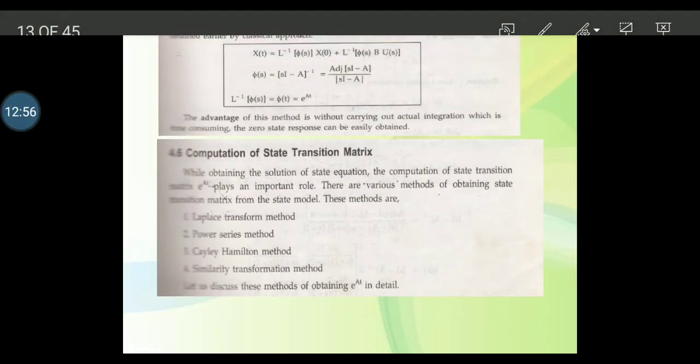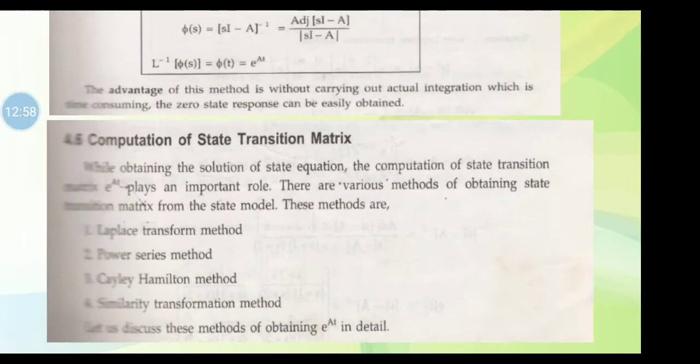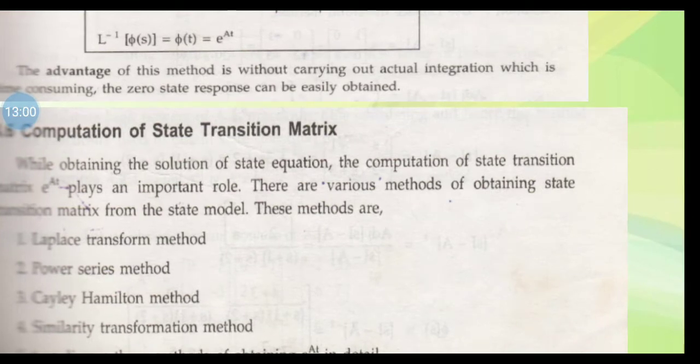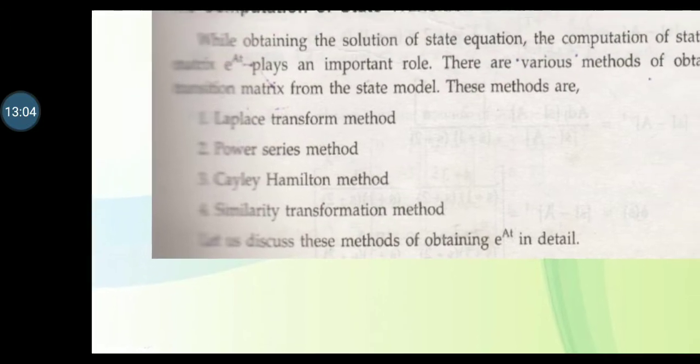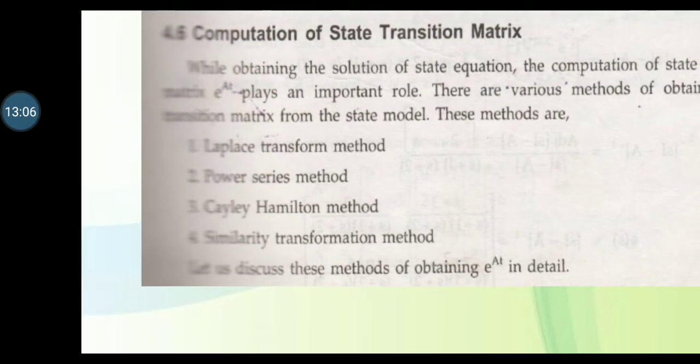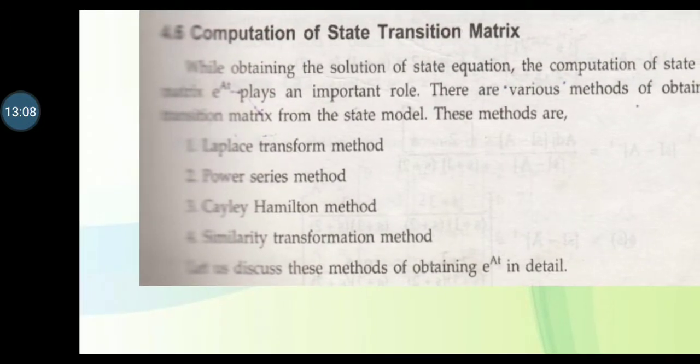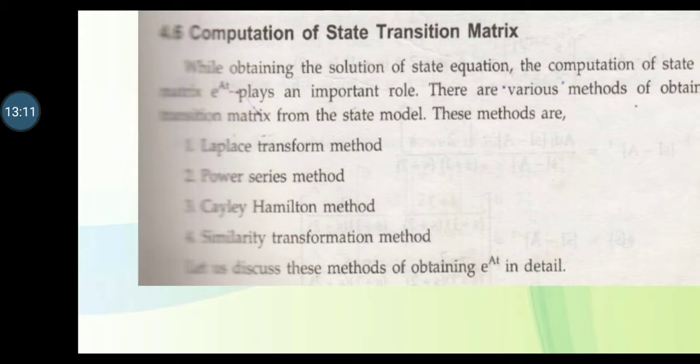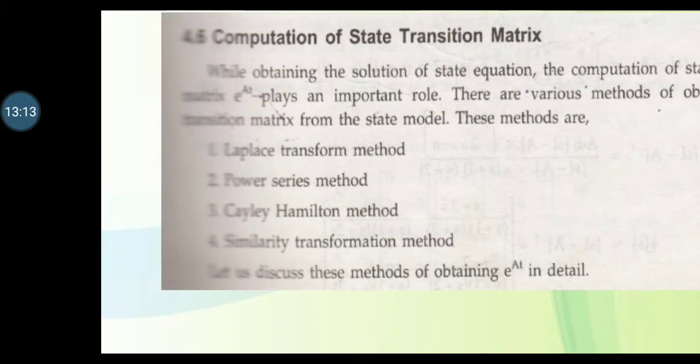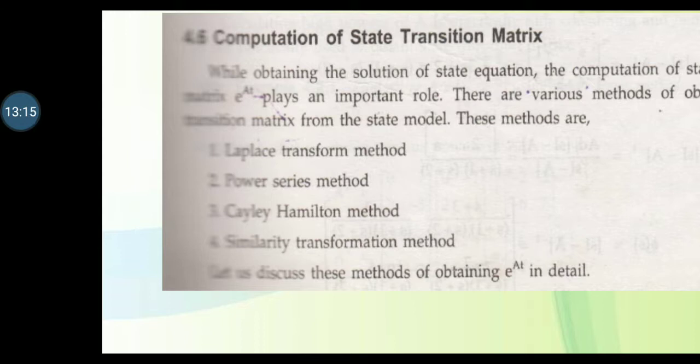So Laplace inverse of phi of s is equal to phi of t, which is e raised to At. Then the advantage of this method is that without carrying out the actual integration, which is time consuming, the zero state response can be easily obtained.